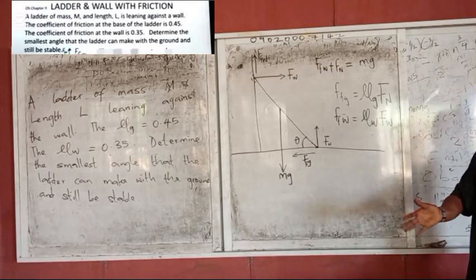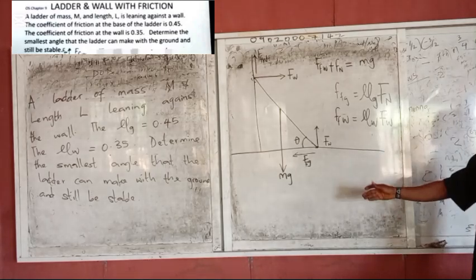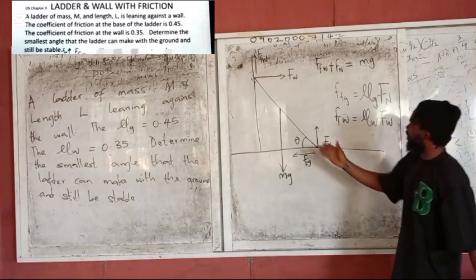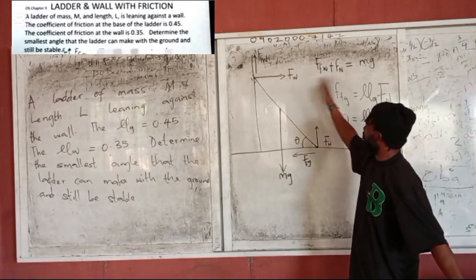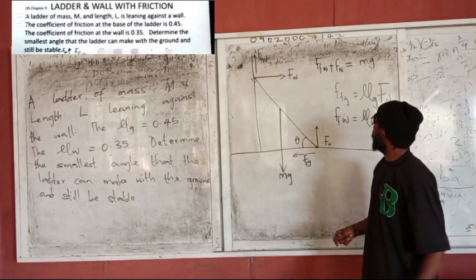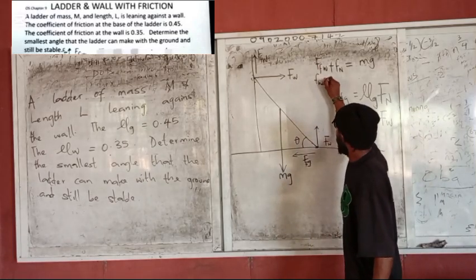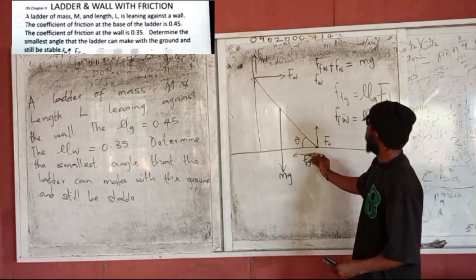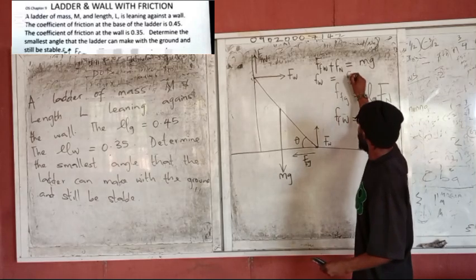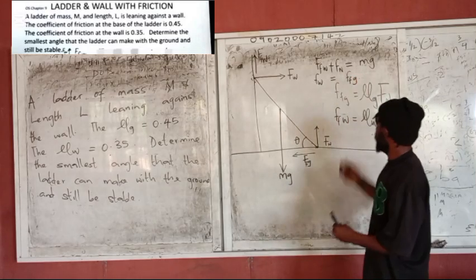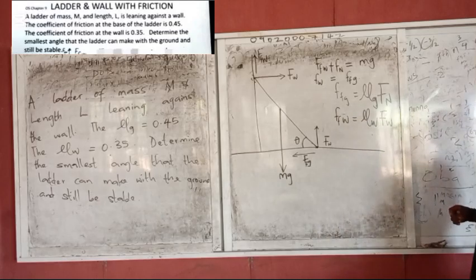Now, on the horizontal forces, the horizontal forces will be equal. That is clockwise equals anti-clockwise. So if I check, what are the clockwise and anti-clockwise forces here? Force of the wall, shall we? And this one, shall we? So it will be equal to frictional force of the ground. Is it true?